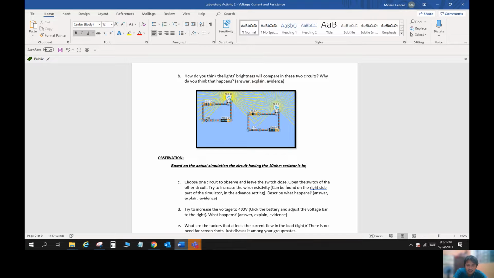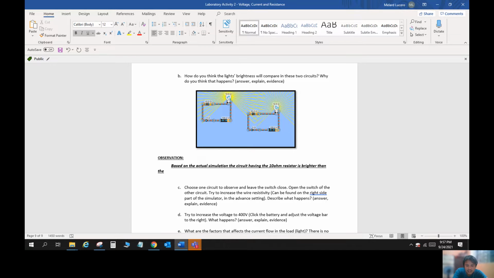Hindi na pala, brighter na lang. Brighter than the circuit having the 30 ohm resistors. Okay. So, why do you think that happened?